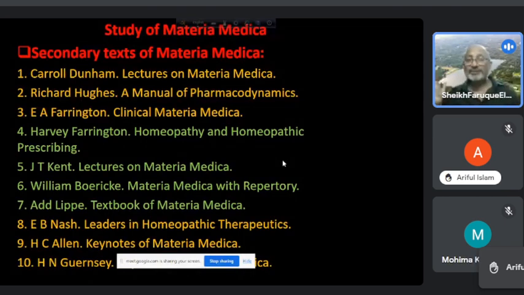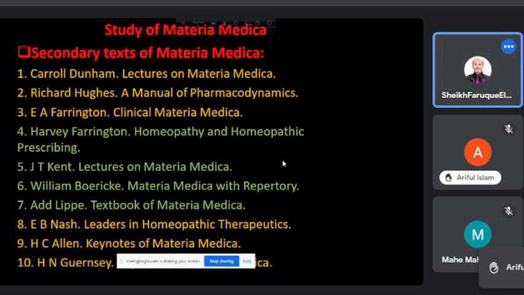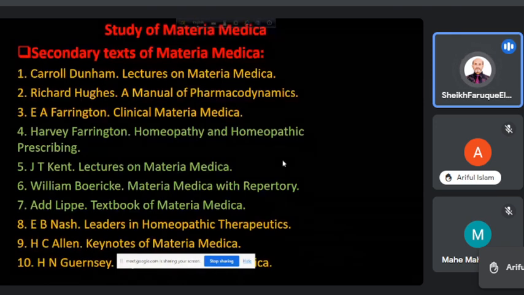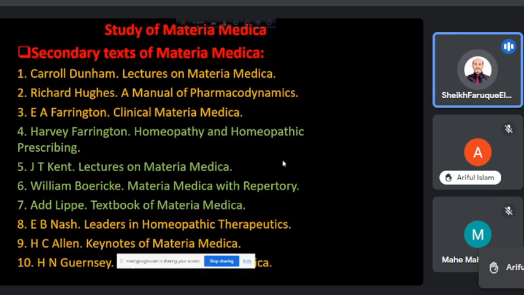Say, Nux vomica. You will picturize a person, the character of a person who looks like Nux vomica. So this is a drug picture, a personal picture of materia medica you find by studying his book. So that's why Kent's Lectures on Materia Medica is so famous.